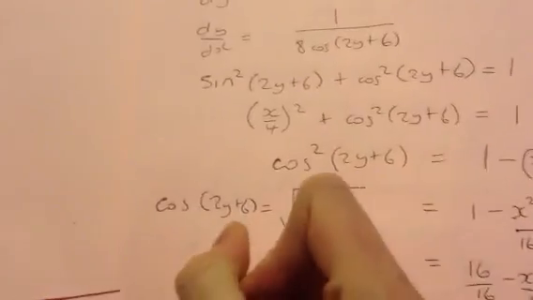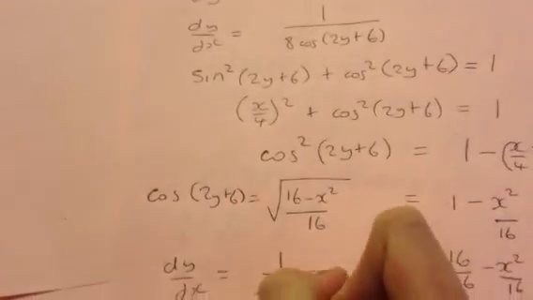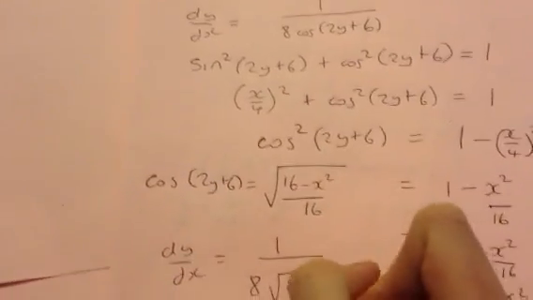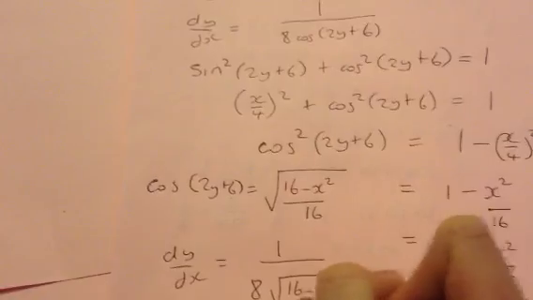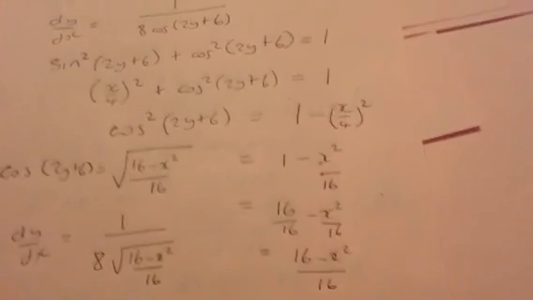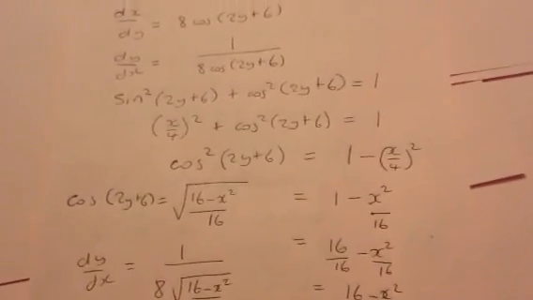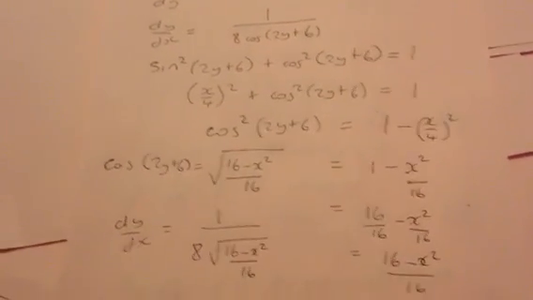Okay, so dy over dx is 1 over 8 times that. And that's how I do it. Okay. So that's the answer.